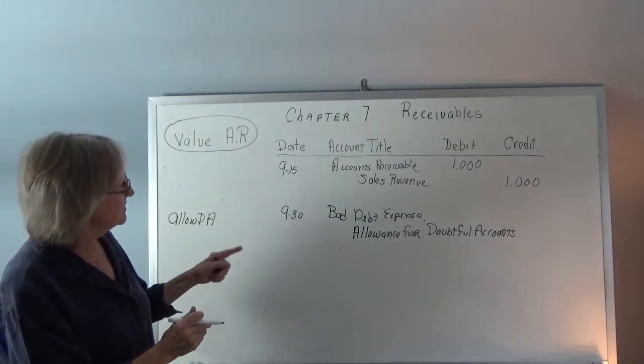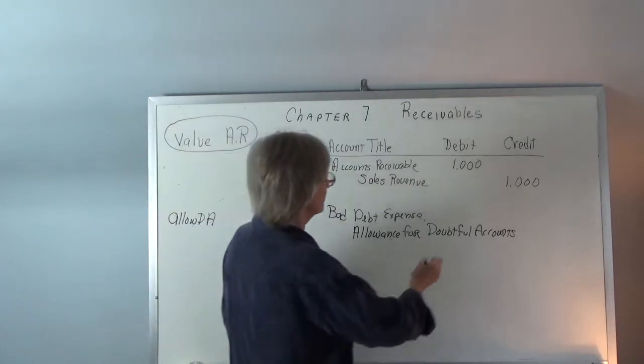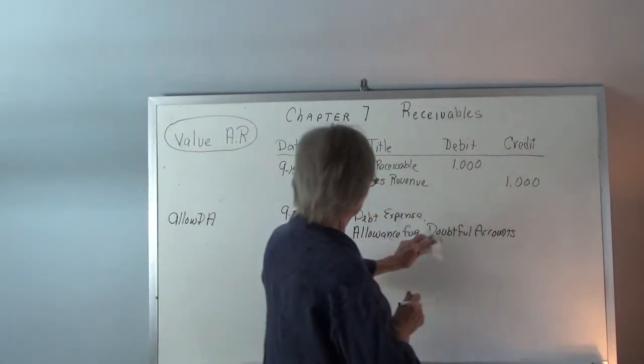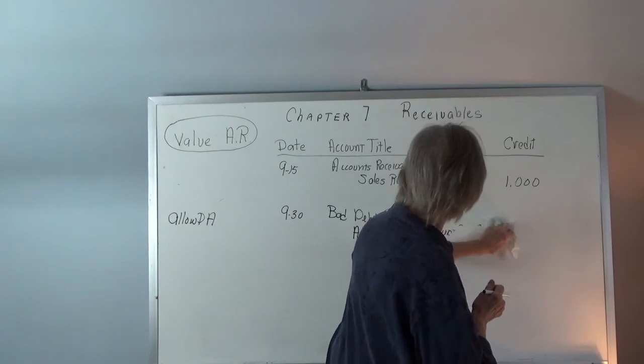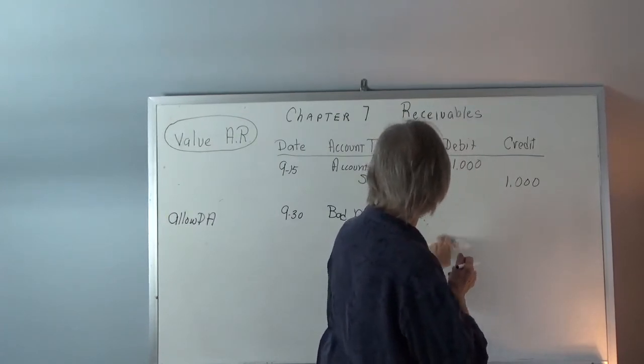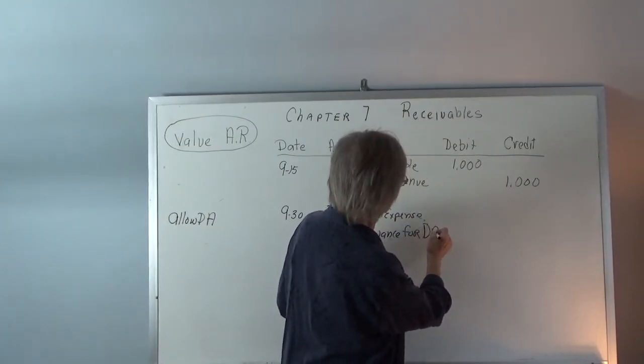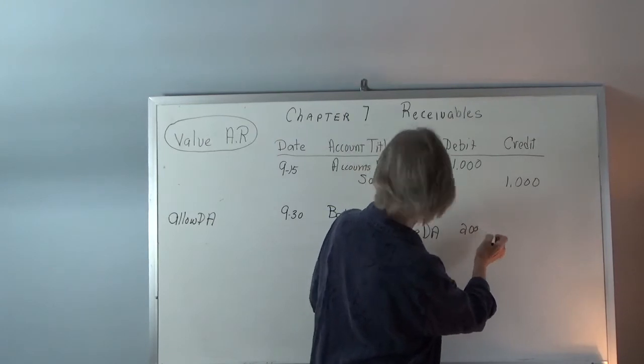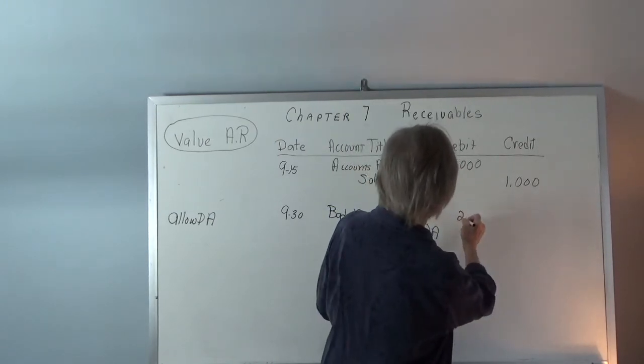Okay, so bad debt expense, allowance for doubtful accounts, and I've got to abbreviate that now or I can't really make the journal entry, so allowance for doubtful accounts, and I'm just going to say it'll be 200.